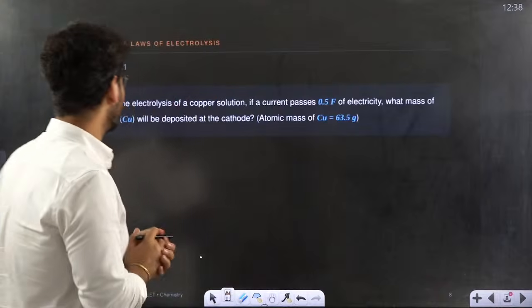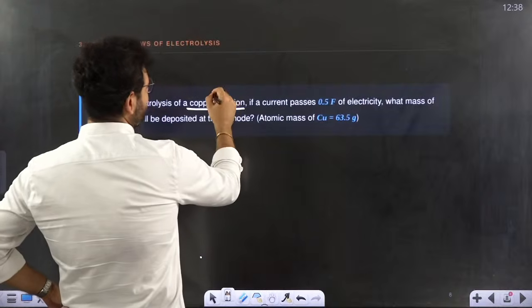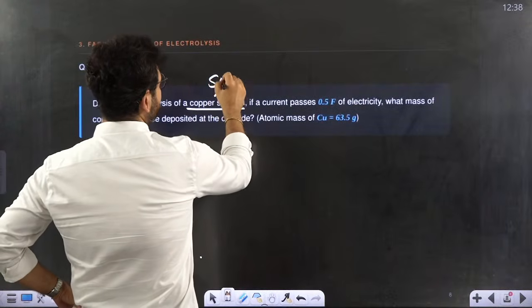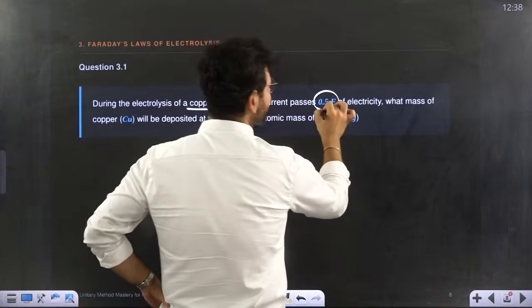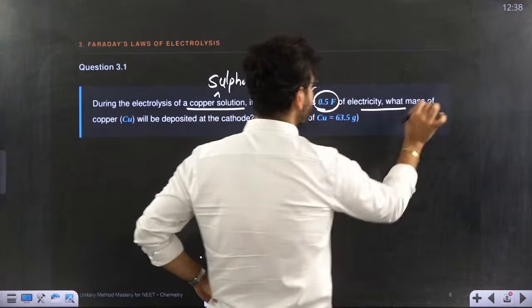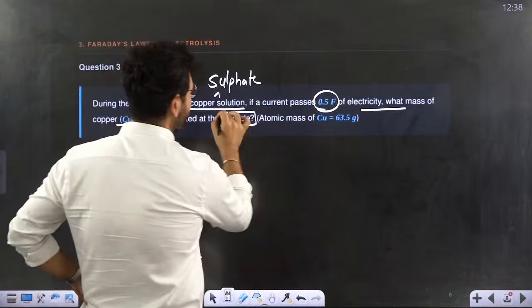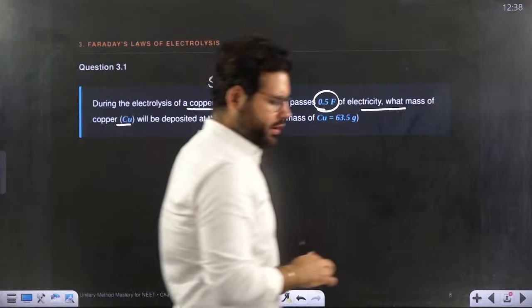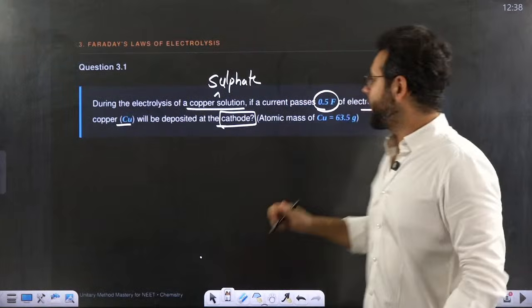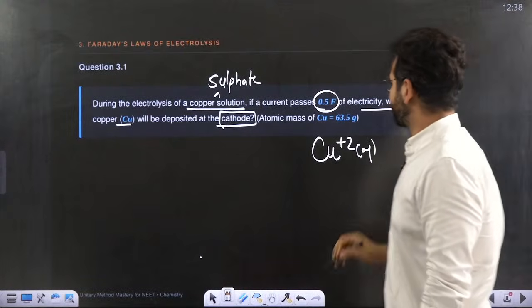Let's see this question, everyone. During the electrolysis of copper solution, it has to be a copper sulfate solution. If a current of 0.5 Faraday is passed, what mass of copper will be deposited at the cathode? In copper sulfate, copper is present as Cu2+ aqueous.